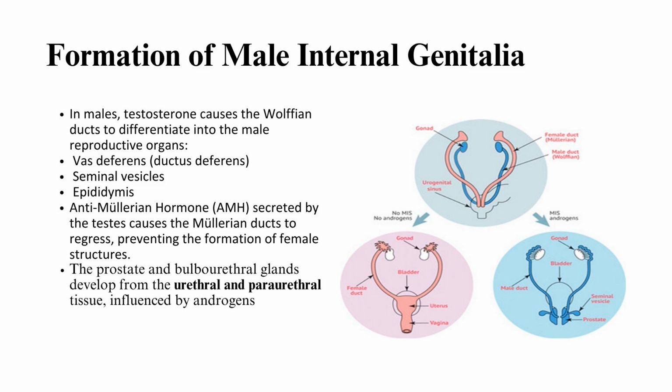Formation of prostate and bulbourethral glands. The prostate and bulbourethral glands develop from the urethral and paraurethral tissue influenced by androgens, like testosterone, that direct the formation of these structures. The prostate develops from the urethral buds, and the bulbourethral glands arise from urethral tissue near the base of the penis.